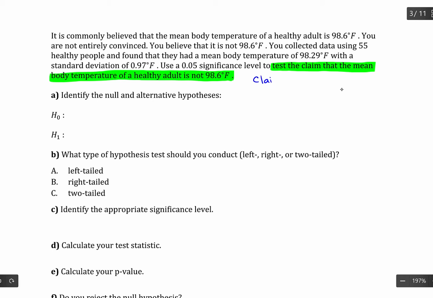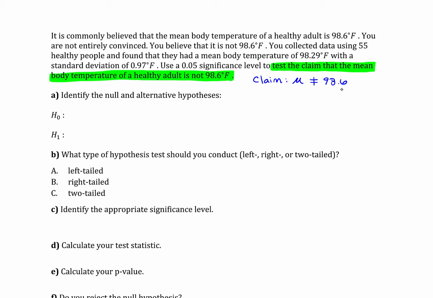So the claim is the most important thing to identify first in a hypothesis test. We're testing a claim that a mean of a population is not equal to 98.6. Now, the claim being a mean tells us that we're going to use either the normal distribution or the t-distribution in order to calculate our statistics in the next step. For now, we just need to decide if this is going to be a null or alternative hypothesis.